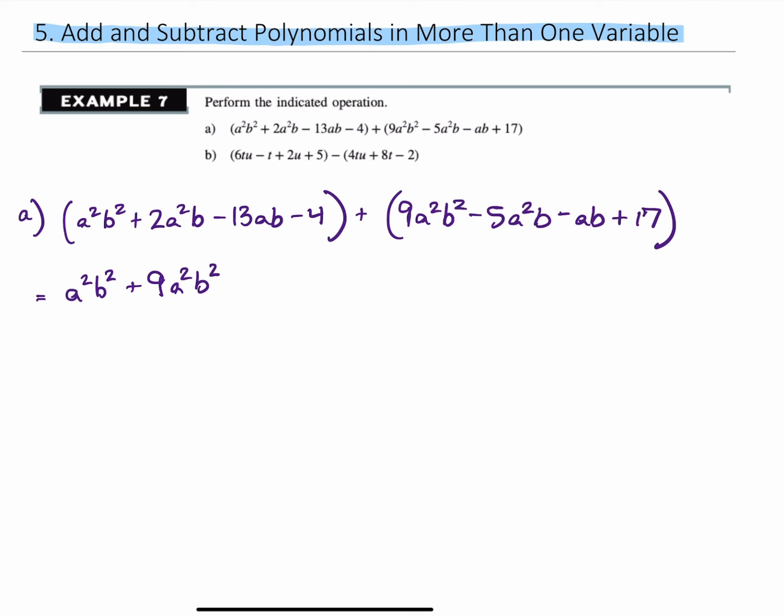So those will combine. Then we have 2a squared b, and in our second one, we have minus 5a squared b. So those will combine. Then we have minus 13a times b, and in our second one, we have minus another a times b. Those will combine. And we have minus 4 plus 17.